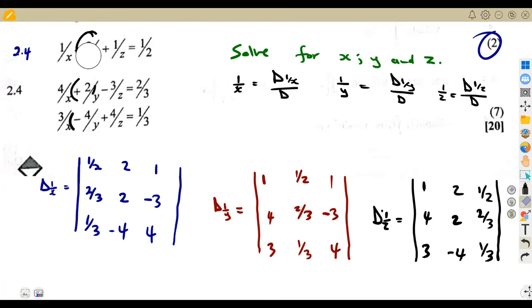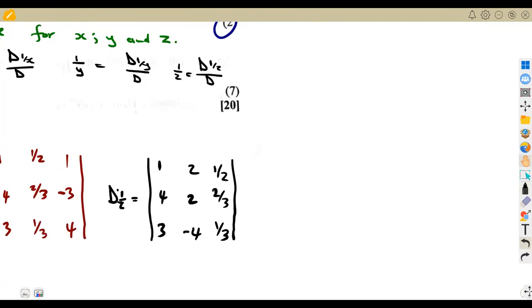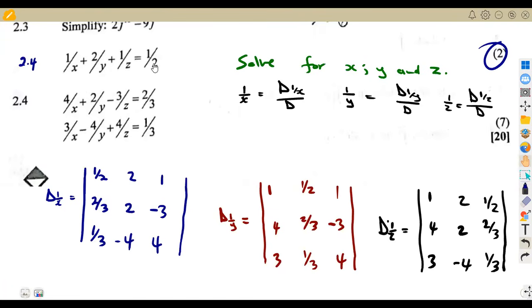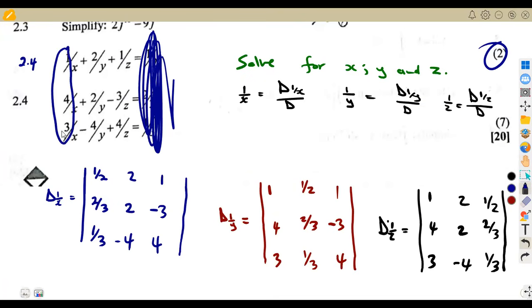Then the last one is for the constants. So for the constants, there's nothing that we are going to substitute in this case. We are not substituting anything because the constants are on this side. So we're going to take the part of x as it is, 1, 4, 3.